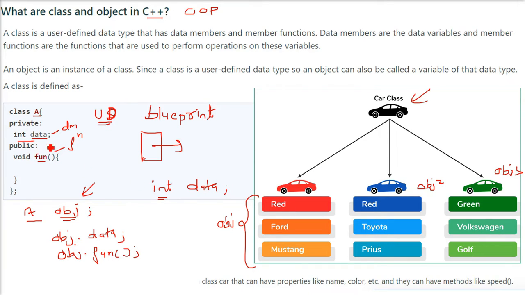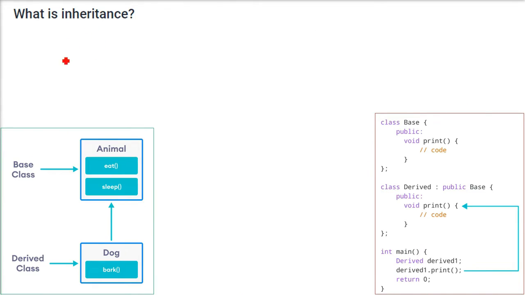Otherwise you can make any number of objects you want when you make a class. I hope you got the idea. Class car has properties like name, color, etc. They have methods also, like the same function speed, but for different objects, we will make it differently.